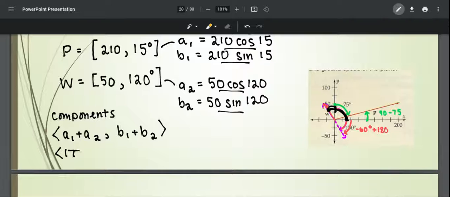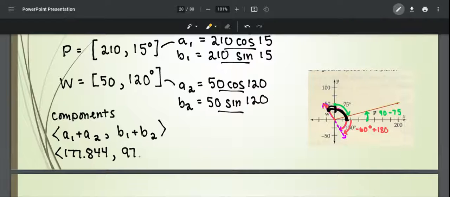And so then you find out that your new A component is 177.844. And then we have to do the same thing for the B components. So our first B from our plane was 210, and we're going to use sine 15. And then we're going to add that to 50 sine 120.